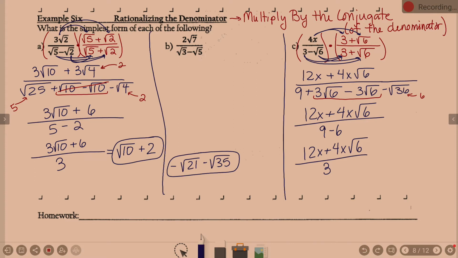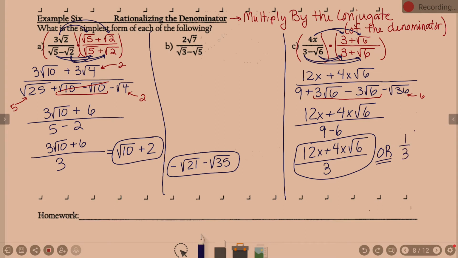And 6 doesn't matter because it's under the square root. So what's the other option? I'm trying to remember why I have this written in my notes. I don't necessarily know if it comes up in Math Excel, but the other option you will sometimes see, with a denominator of 3, is they will take that denominator of 3 and factor it out front as 1/3.